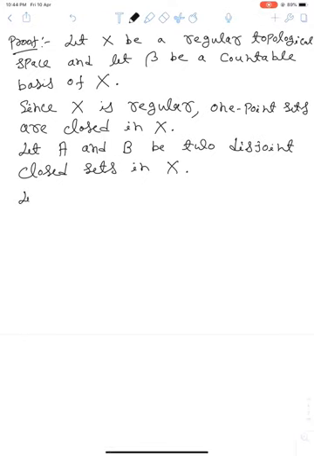Now let x belong to A. What does it mean? That means x does not belong to B. Why? Since A and B are disjoint, as A intersection B is empty.